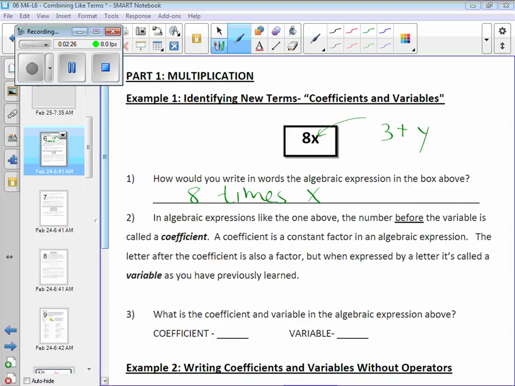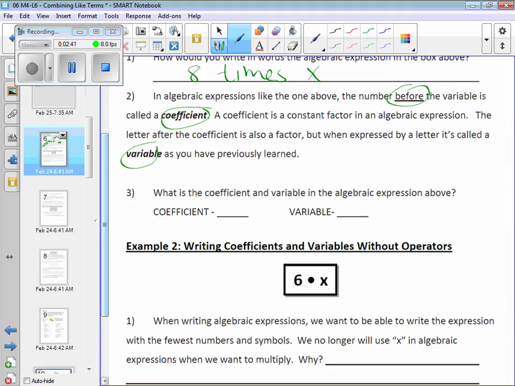As Joe mentioned, the number before the variable is called a coefficient. And the letter that's after the coefficient is called the variable. So in this term, what's the coefficient and what's the variable? Coefficient is what? Say it out loud. Variable is what? Very good.